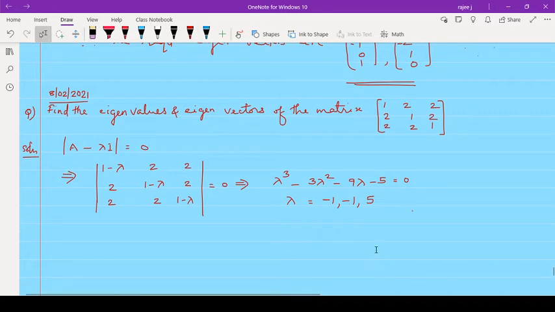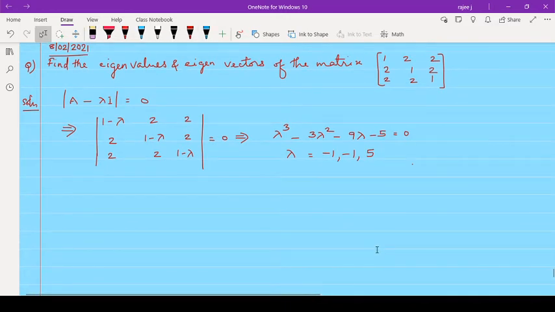So now the eigenvector corresponding to lambda. Here also you can see two values are repeating and one value is a non-repeated value. Now when lambda is equal to minus 1, we need to get the corresponding eigenvector.